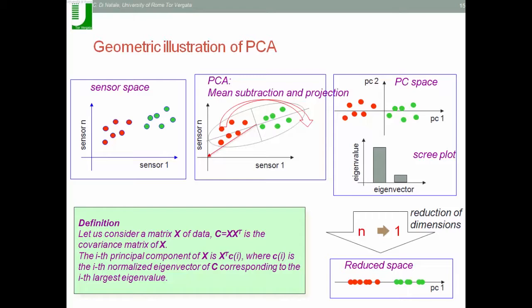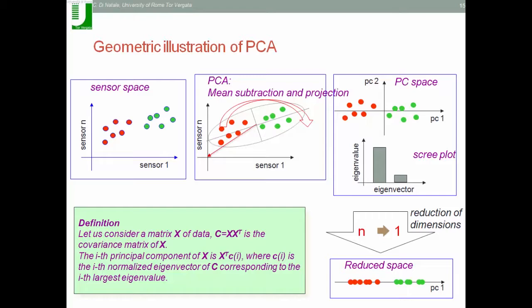In this case, we have a decomposition of these internal properties, and this is measured by the eigenvalues of the covariance matrix. So one eigenvalue is much bigger than the other, and this means that the variance carried by the associated direction is much greater than the other. And if one is much greater than the other, we can reduce the representation from dimension 2 to dimension 1.